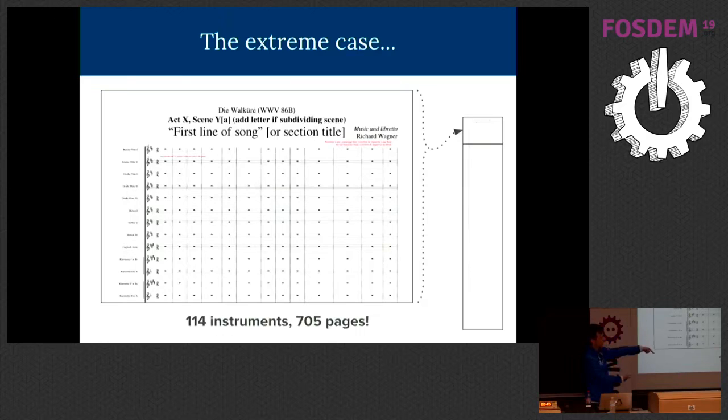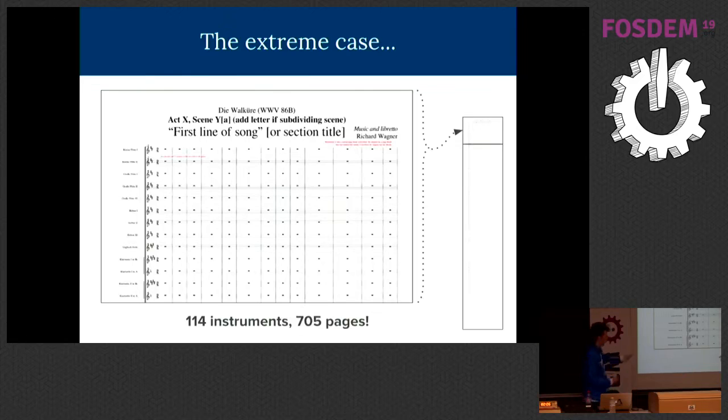So all of that down on the right hand side of the screen, that's more instruments. You're only seeing the wind section at the top, and there's still the brass below that, and then the percussion and the strings and so on. And this is due to the requirement to have every instrument that's in every movement.